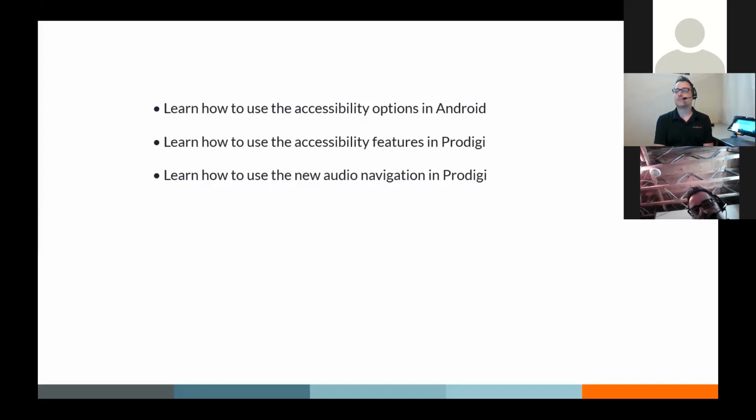Then we'll jump into Prodigy and see how TalkBack reacts in Prodigy and where we can use it and where we cannot. Then we're going to jump into the new feature that we released a couple of weeks ago, which is the navigation inside Prodigy, and why we needed that kind of feature in Prodigy.